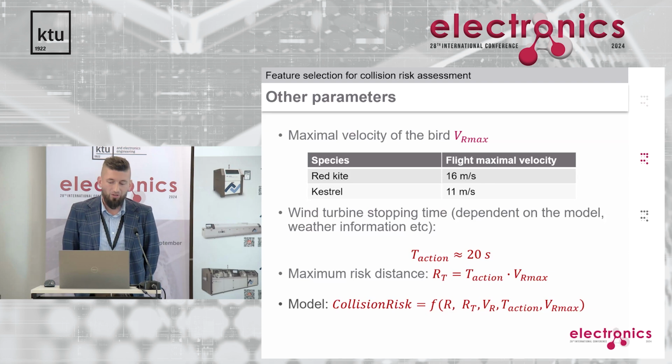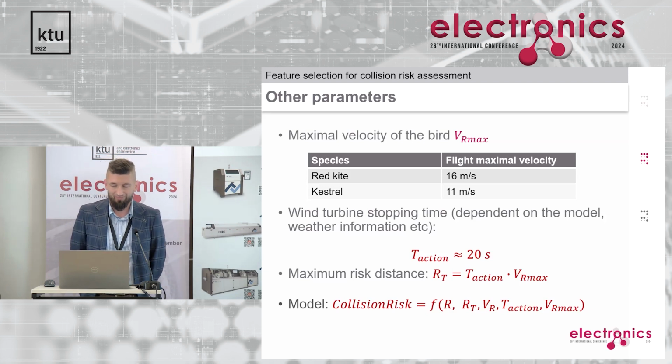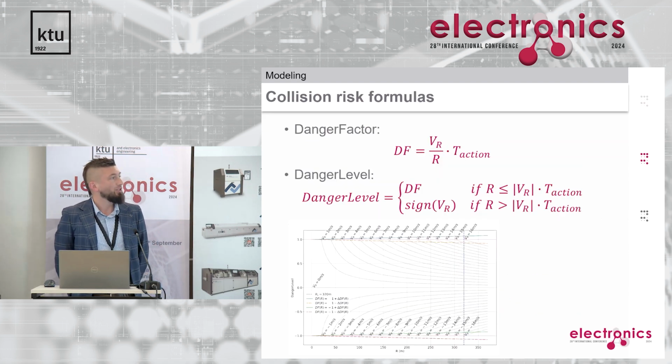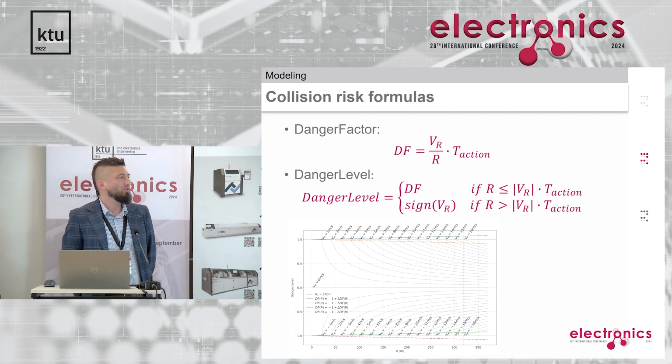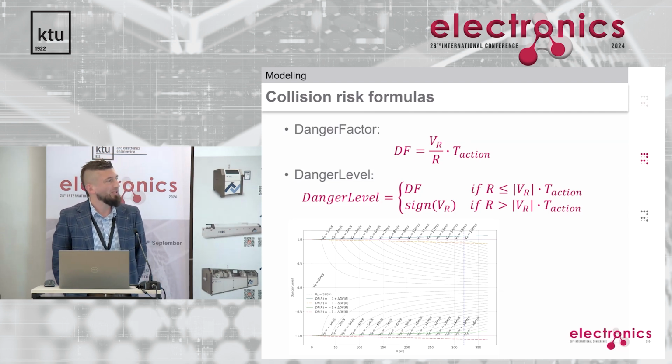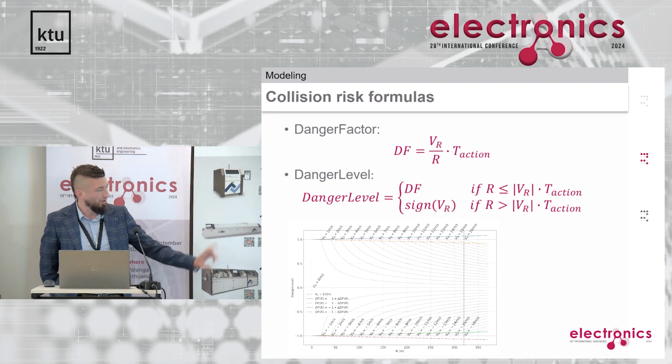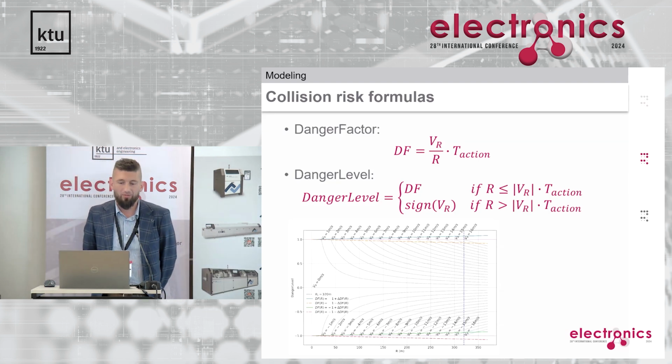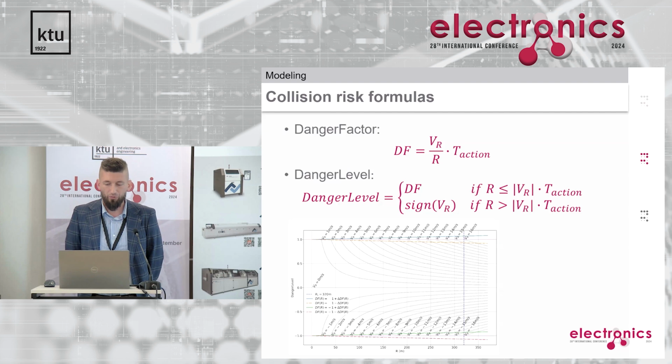Well, it's a function of these 5 parameters. What is this function? I will show just now. The function is very simple. It just takes actually not 5, only 3 parameters. As you can see, we called it danger factor, not collision risk, because risk is typically associated with values from 0 to 1, and our danger factor will be around -1 to 1. So we gave it a different name.